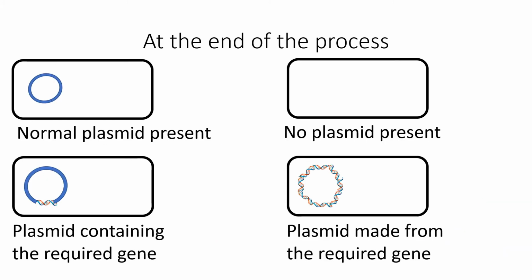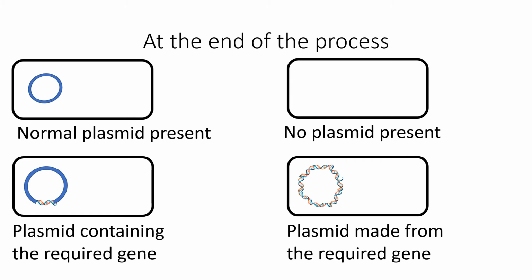So at the end of the process, we will have some of the bacteria where a normal plasmid is present, some of the bacteria with the plasmid containing the gene we require, which is what we want, some of the bacteria with the plasmid from the required gene, which is that foreign plasmid, and some of them will have no plasmid, nothing at all.